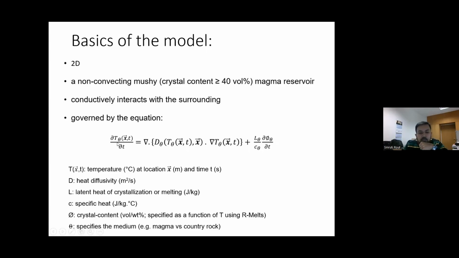So the capital T here is the temperature, X is the location, small t is the time, and D is the heat diffusivity. L is the latent heat of crystallization, C is the specific heat, and phi is the crystallinity of the magma, which we use as a function of temperature from rhyolite-MELTS modeling.